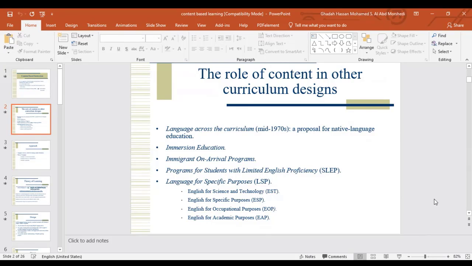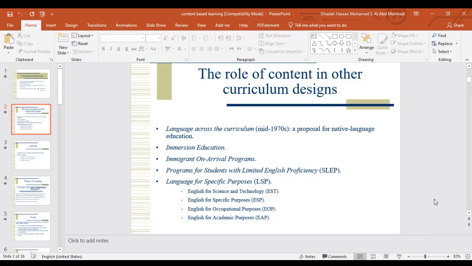So when we think about the content, and also when we design the curriculum, from the 70s the focus was teaching and learning the native language, the mother tongue, the first language. That was in the mid-70s. And then historically, we had different moves regarding teaching and learning the language.